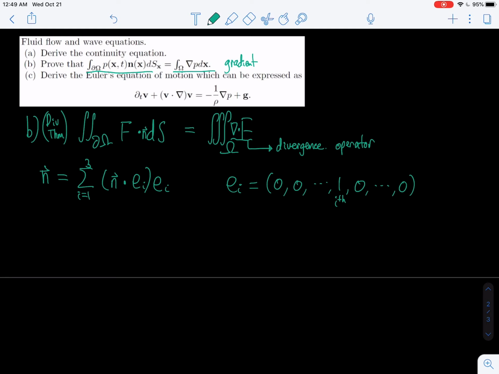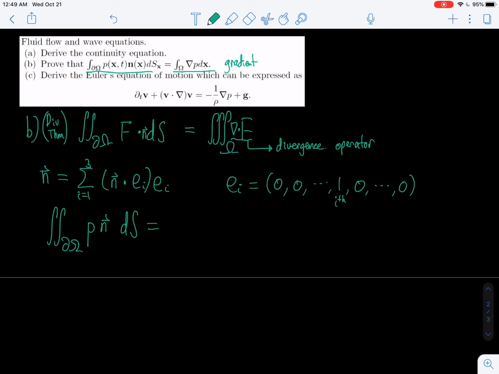Okay, so let's start with the left-hand side. We have P. I think P means pressure here, but that's not important. We have P times n. And I think x right here represents the point x, but it's just notation, so it's not important.